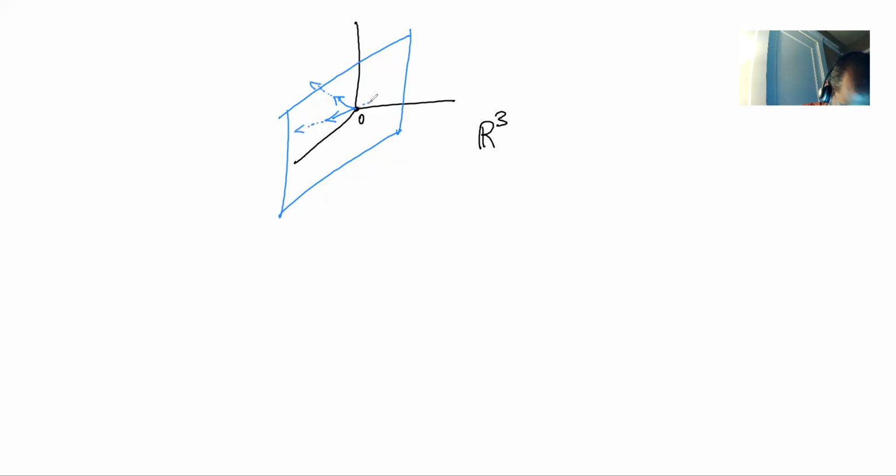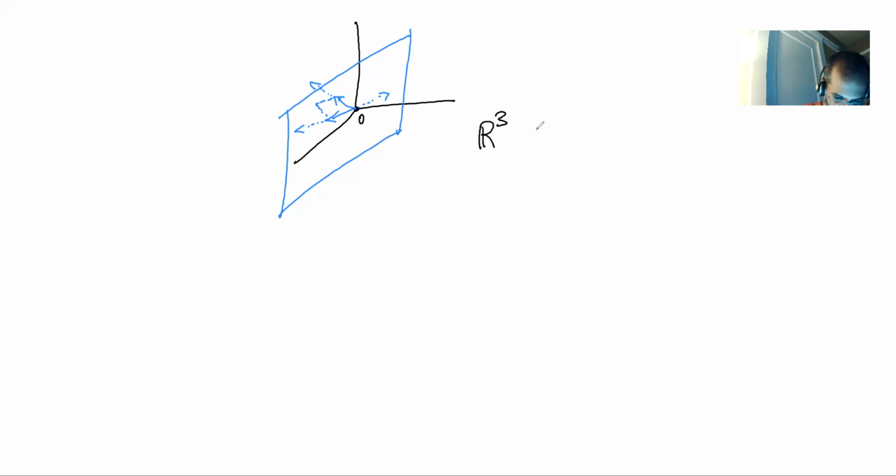You can even scale by a negative number. And you can also add two vectors that are in the plane, and you'll get a new vector that's still in the plane. You can't leave the plane by doing these two operations. So that's why this definition captures a plane through the origin, and this is the essence of being a plane through the origin.